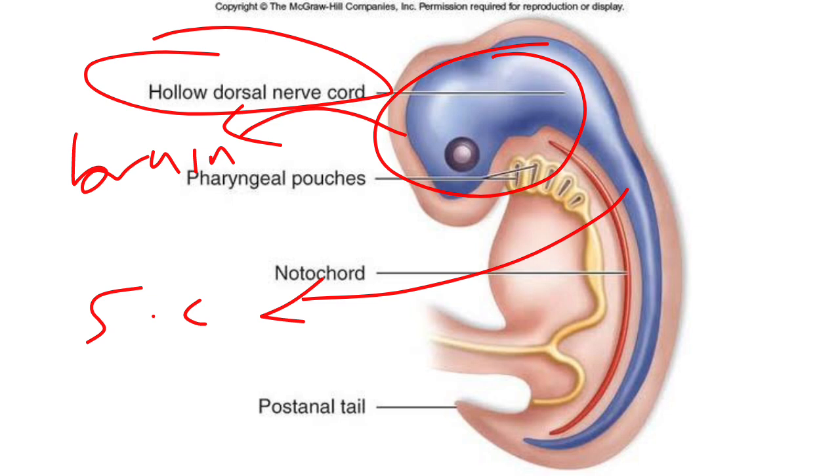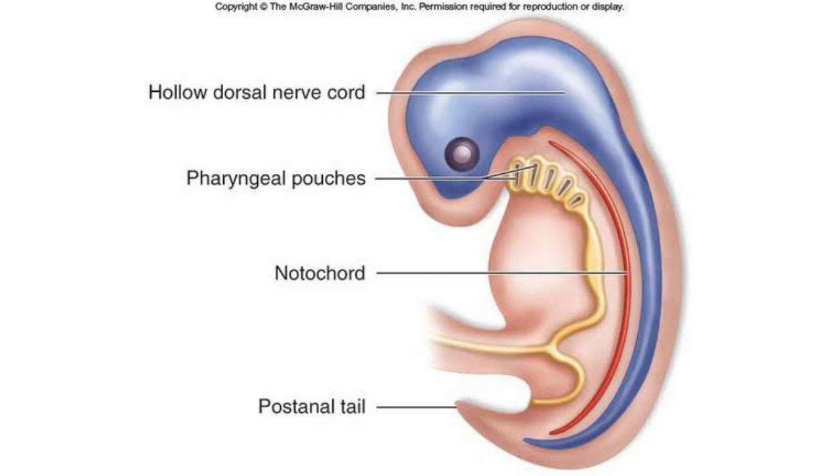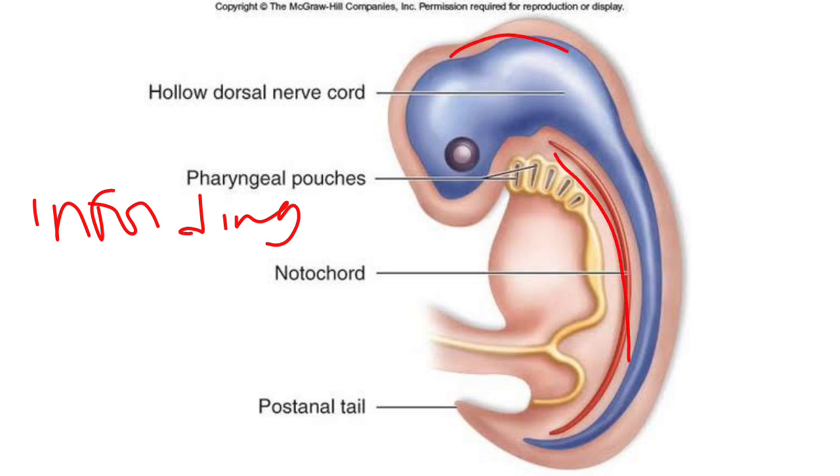So during embryonic development, the ectodermal cells, which are the cells on the outside of the body, become infolded, and these cells are placed above the notochord, not below it. So if you notice very well, the notochord is here and the nerve cord is here. So the nerve cord is above the notochord.